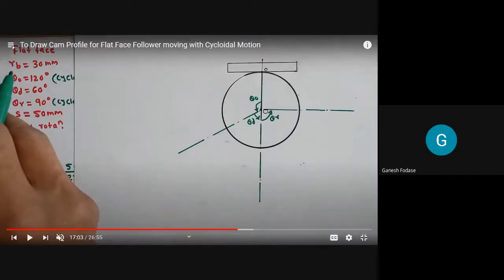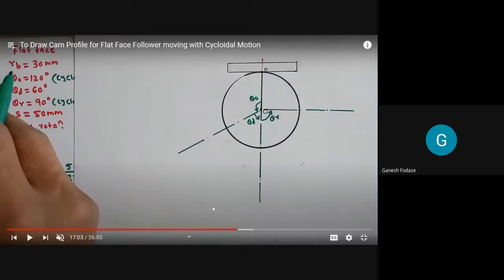So we have to divide that rise stroke of the cam profile into the same number of parts as that of the displacement diagram. Also similarly for the return stroke. In the return stroke also I divide into the same parts in which the displacement diagram is divided. So here both parts, that is theta O and theta R, I will divide into 6 parts.